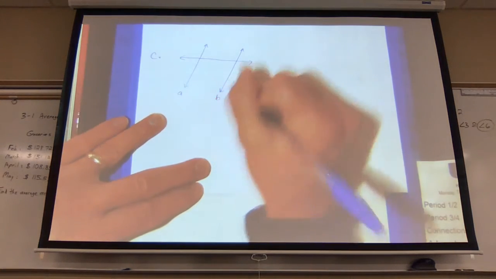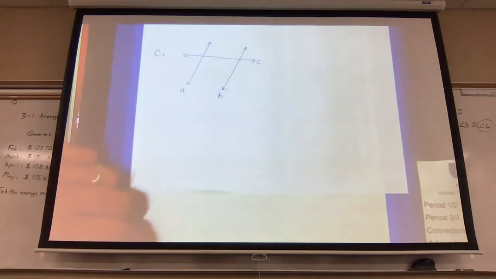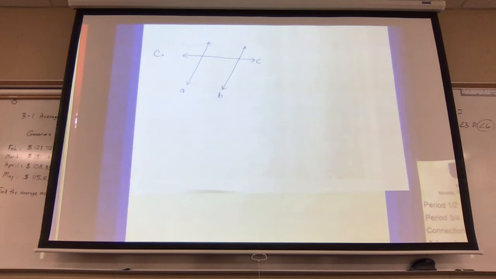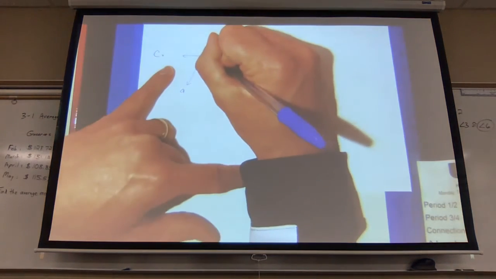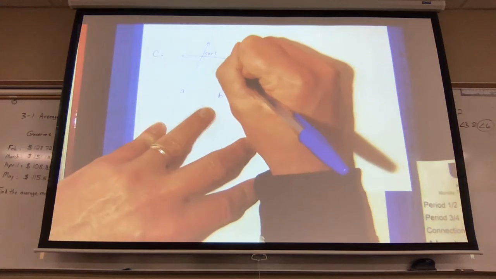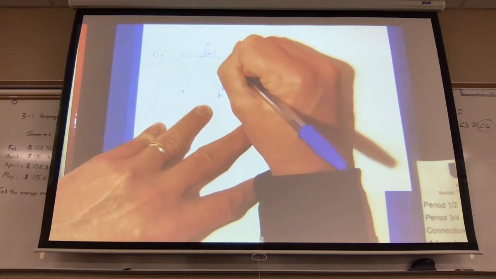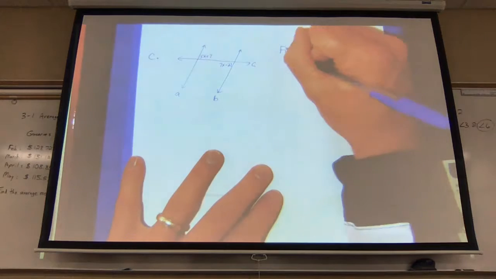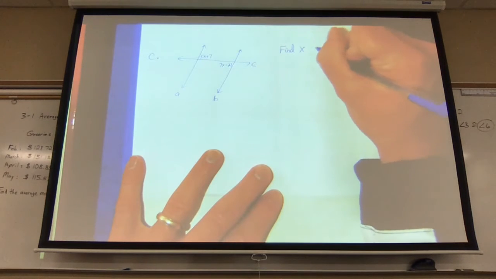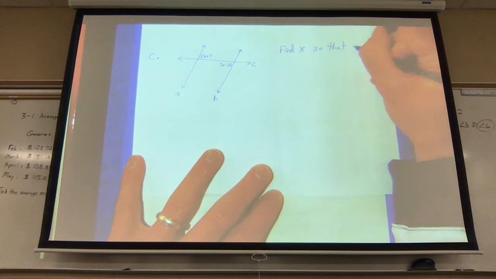We're going to call these lines A, B, and C. And on this one, they're going to give us just two angles. This angle here is going to be 5x plus 7. And this angle down here is 7x minus 21. And your directions will tell you something along the lines of find x so that A is parallel to B.